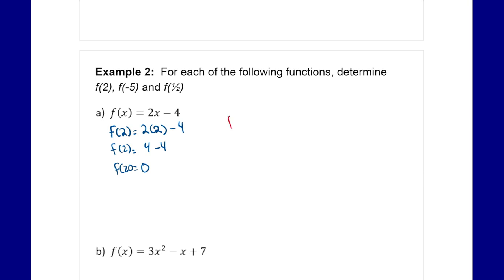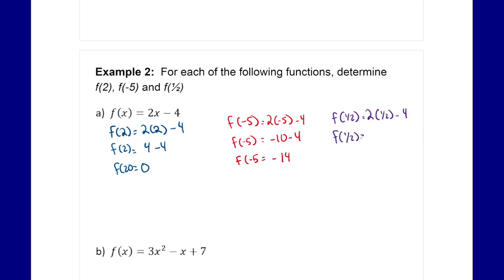Next one, f at negative 5 is equal to 2 times negative 5 minus 4. F at negative 5 is negative 10 minus 4, or negative 14. Then our last one, f at a half is equal to 2 times a half minus 4. F at a half is equal to 1 minus 4, or negative 3.